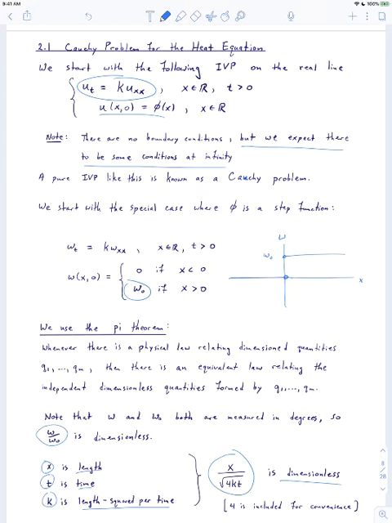So what we see here is that we have two dimensionless quantities that use up all of the variables. We have the ratio of w to w0, and then the other variables appear in this ratio, x to the square root of 4kt. Now, k isn't a variable, but it's a quantity.